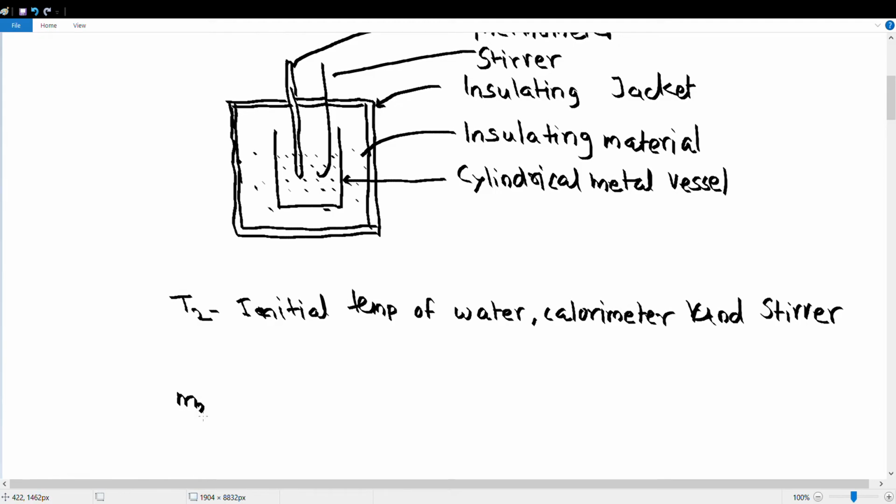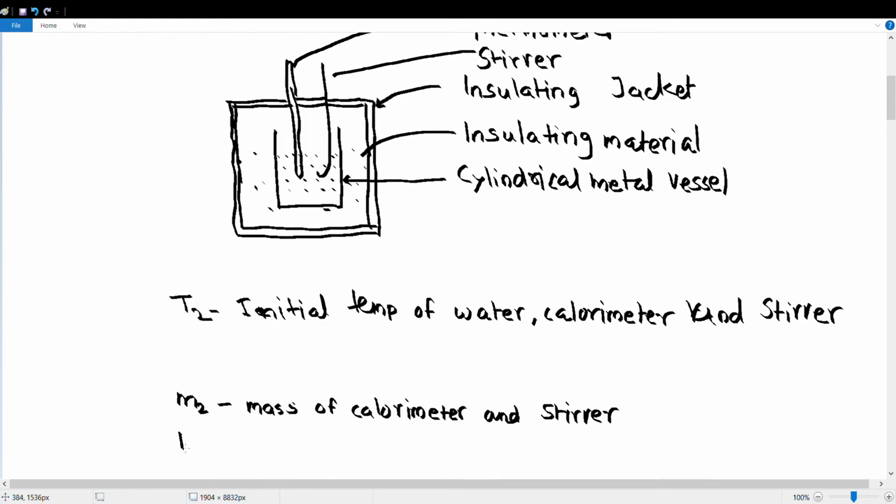Now let us consider M2 be the mass of calorimeter and stirrer.